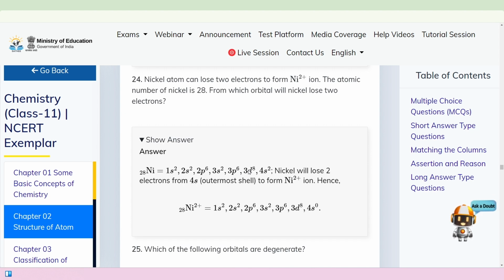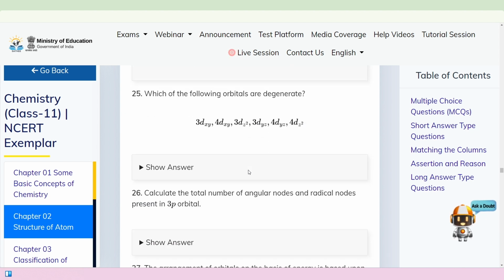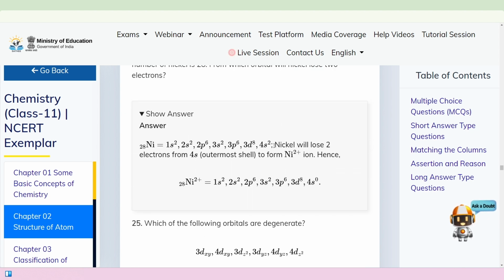The 4s orbital is more outward, because it has a greater value of n, so the electrons will be pulled out from there. That results in the loss of 2 electrons from the s orbital, so it will be 4s0. Clear? Okay. Next question.